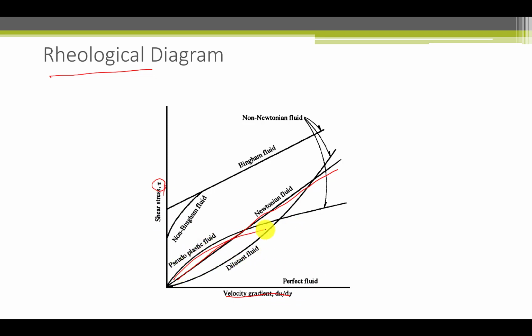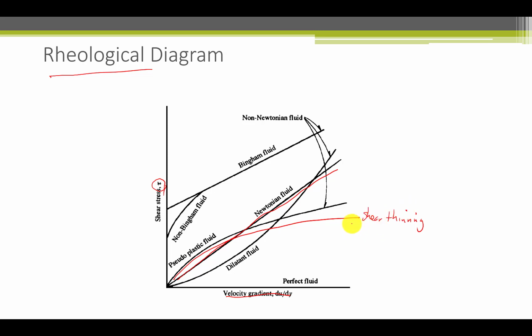They do that, and that means that they are thinning as a velocity gradient increases. They're shear thinning liquids. So an example of this would be paint, latex paint. It doesn't flow very well on the paintbrush, but when you hit the wall with it and start moving, it flows out much more readily.